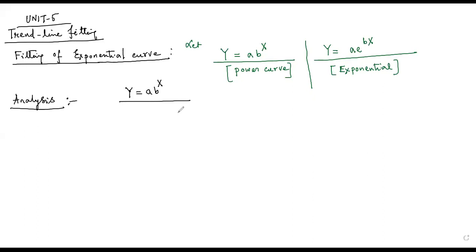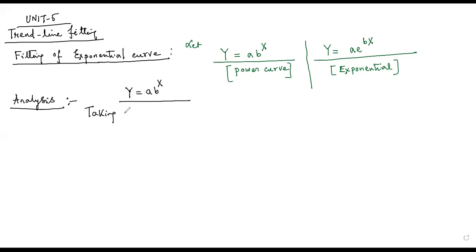So what we want to do in this particular case is bring the x down from the power, and then we can analyze the situation quite easily. And that can be done by taking logarithm on both sides.